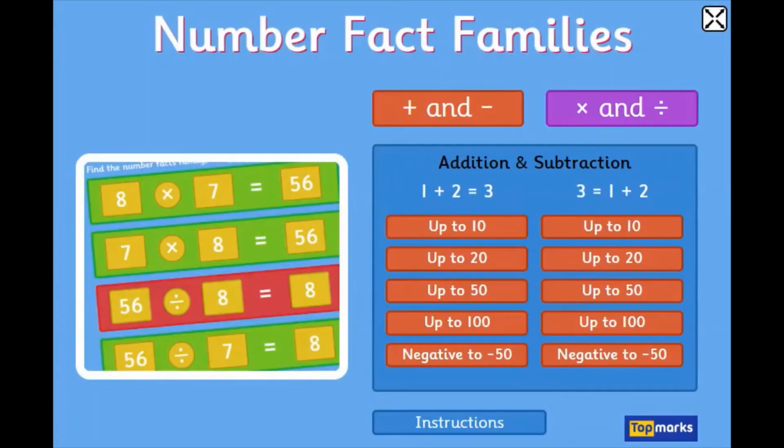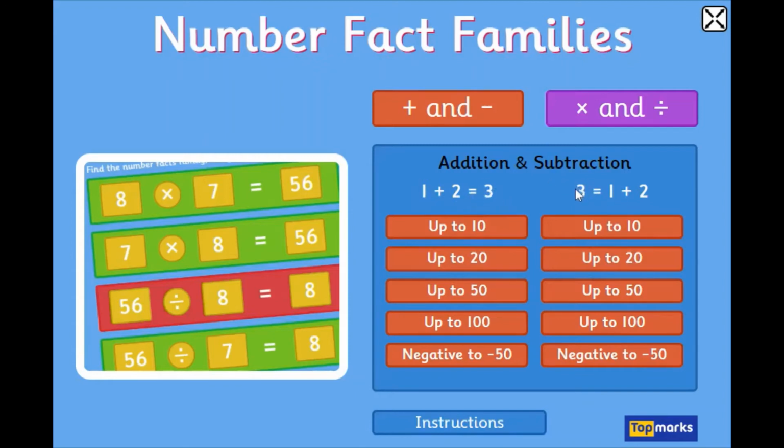So this is the game, Number Fact Families from Top Marks. So there is the choice of doing addition and subtraction or multiplication and division. And there are 2 columns here of possibilities. The only difference is on this side, the calculation you'll get will be something add something equals, and the answer will be on this side.